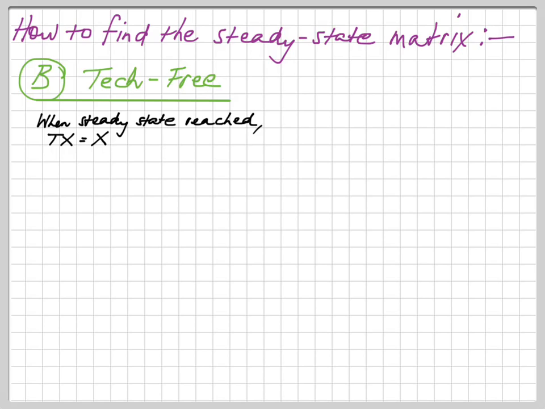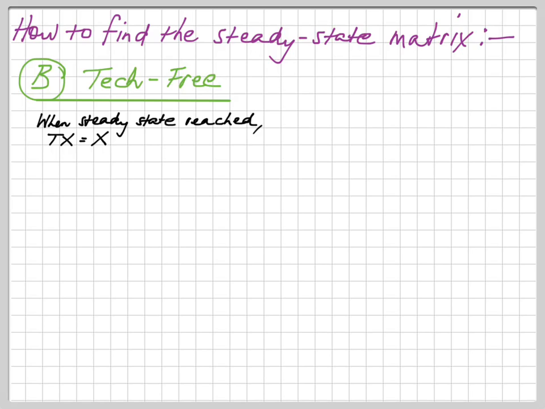Okay, now look at that: Tx equals x. Well, what am I talking about? Fear not, my child, it all makes sense. We're saying that when you get to steady state, each time you transition your state to the next state, it makes no difference because you've already reached steady state.